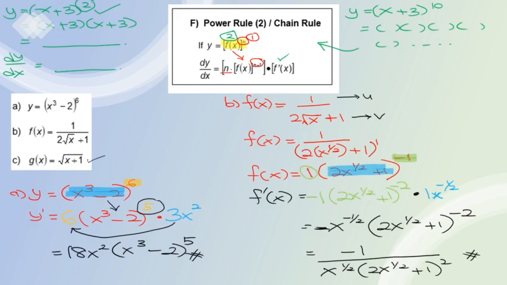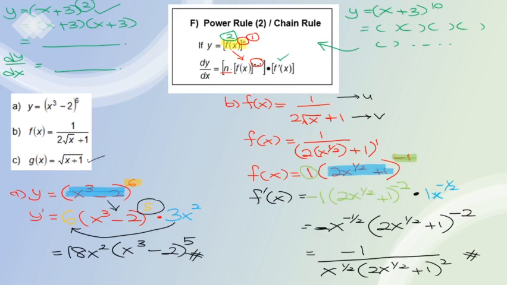So f prime x. So first is n. Okay, kita buat n dahulu. Ini negative 1 ini. So negative 1 times 1 akan jadi negative 1.